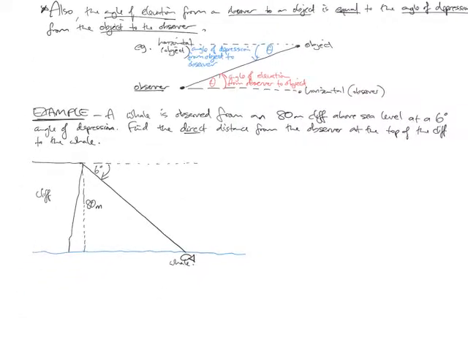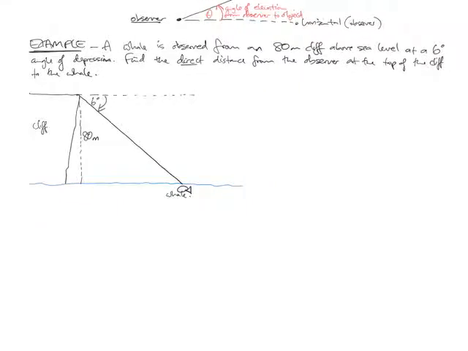Alright, so let's do an example here. A whale is observed from an 80-meter cliff above sea level at a 6-degree angle of depression. Find the direct distance from the observer at the top of the cliff to the whale. So, like in my tips above, you need to find where the triangle is. Most obviously the triangle is here.